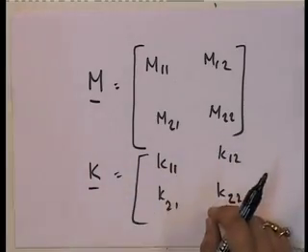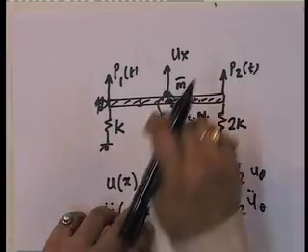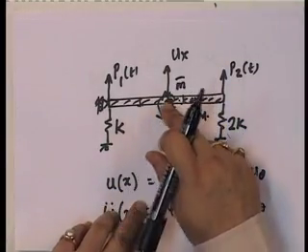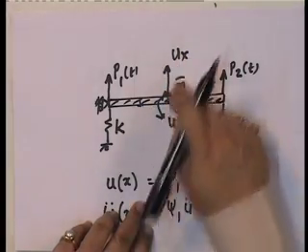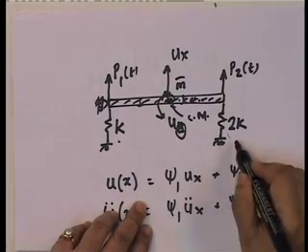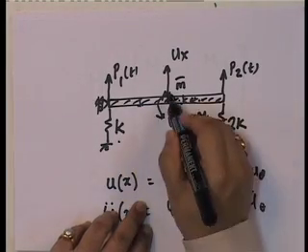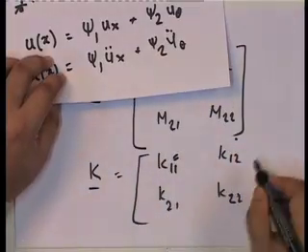So if I apply a displacement 1 at u1, which is ux, what do I get? I get force k and I get force 2k. So what is the net force here? 3k. That is K11.